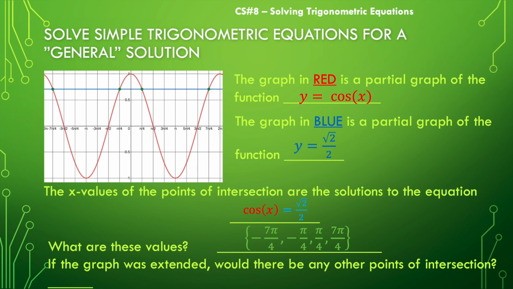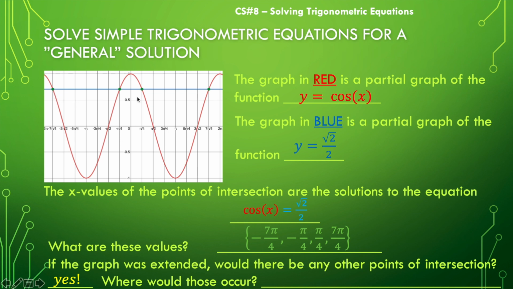If we extended the graph, we're going to see that those functions intersect several more times. We could actually generalize where those happen because they're going to happen every 2 pi units: between these two solutions is 2 pi, and between these two solutions is also 2 pi.